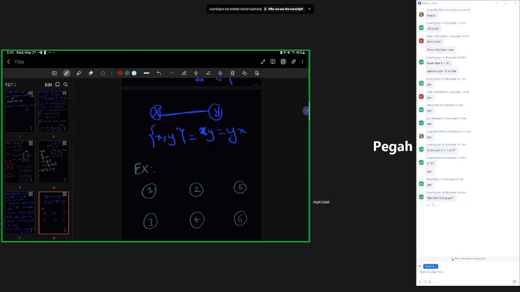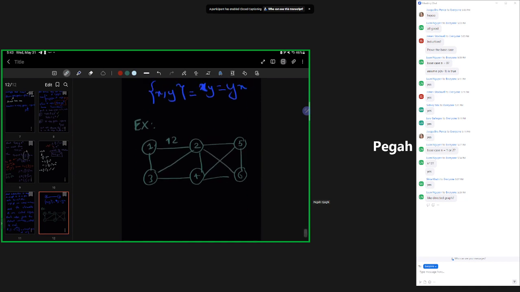Let's just consider connecting these. This is going to be edge 1, 2. I write it like this because it connects 1 and 2, or 2 and 1. This is another one, and then you can see 3 to 4 or 2 to 5. It doesn't matter actually; I just connect them.